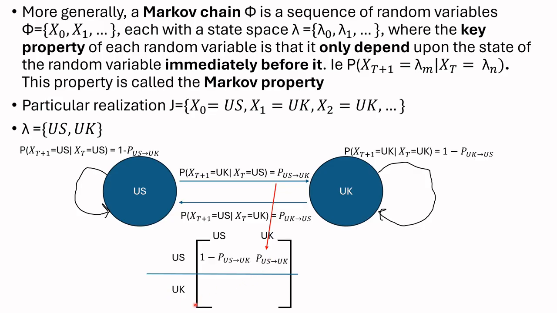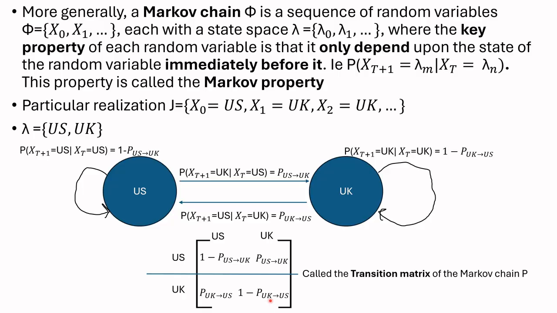And then down here, you can think of it as the UK row: the probability of going from the UK to the US, because this is the United States column. And similarly, this is the probability of staying in the UK given that you're in the UK. So of course, I think it's pretty clear, this matrix is called the transition matrix. It is a matrix which records all the transitions between the states.